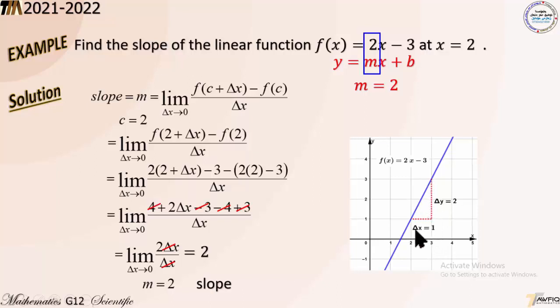As you can see, when we move on the graph of the function to the right 1 unit, we go up 2 units. That means the slope is delta y over delta x, which is 2 over 1, which is 2. This is 3 ways we can find the slope of the straight line.